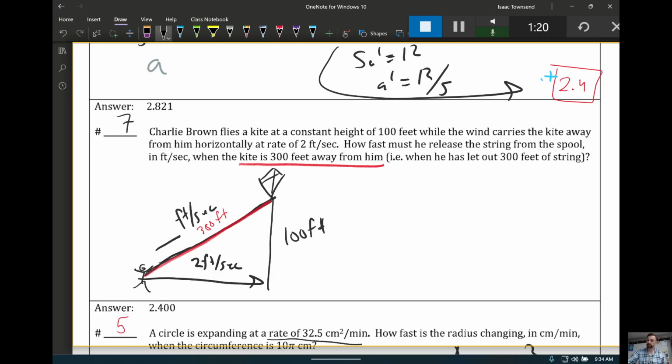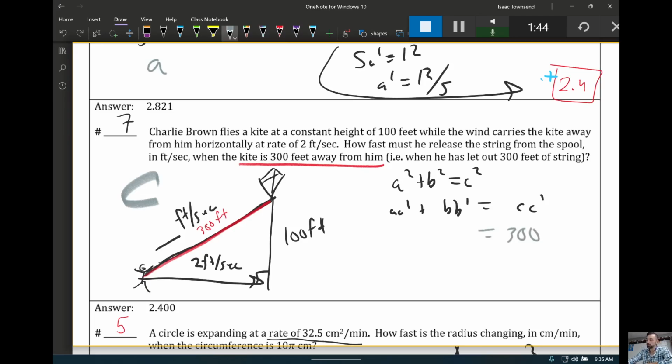Alright, so I look at this, see a right triangle, so it's probably going to be Pythagorean theorem. Take the derivative with respect to time. Make sure you get your a prime, b prime, and c prime. Feel free to divide everything by 2 to simplify it a bit. C has to be the hypotenuse, so I know this is 300 and what I'm searching for.